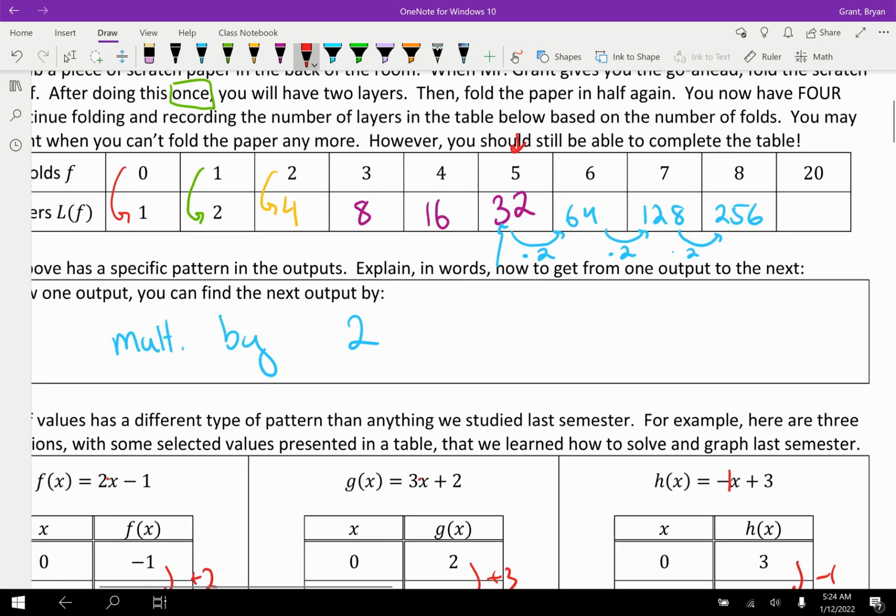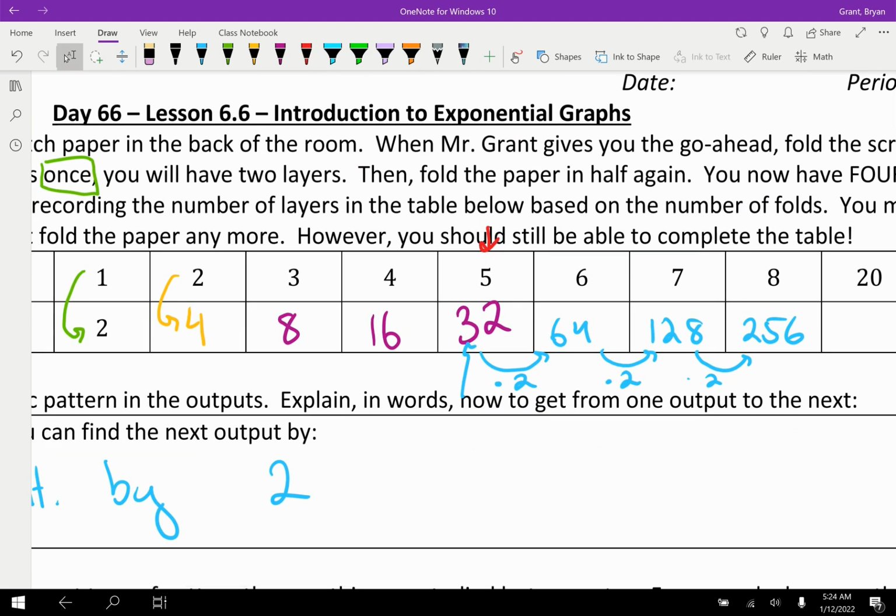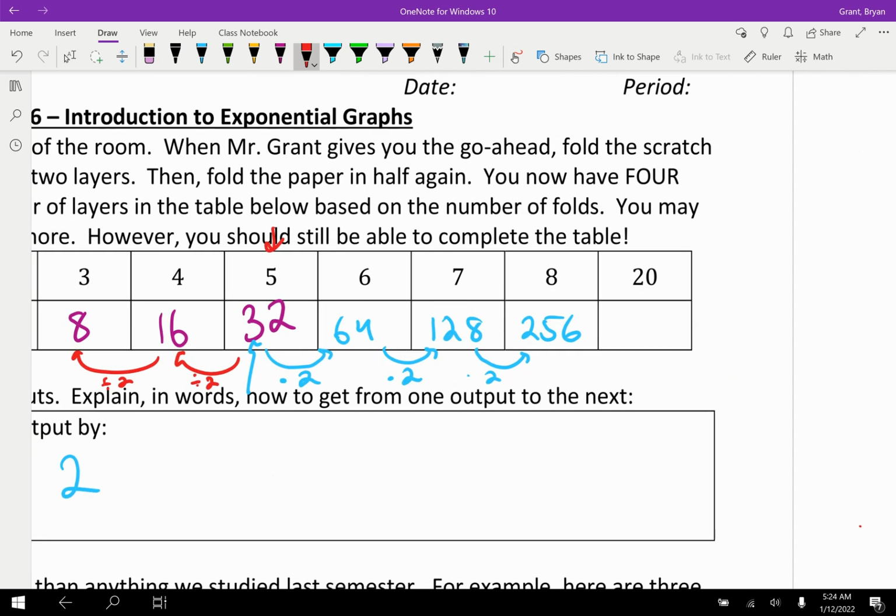If we look at our table up here, if you move to the left, how would you get to each number? Well, you divide by 2. And moving to the right, you multiply by 2. This 2 here is known as our common ratio. Oops, apparently ratio is a tough word to spell right now. There we go.